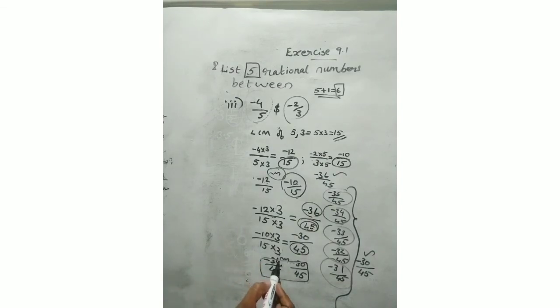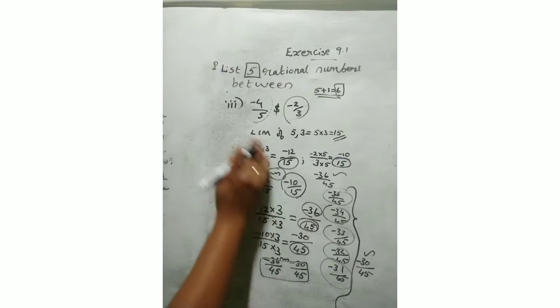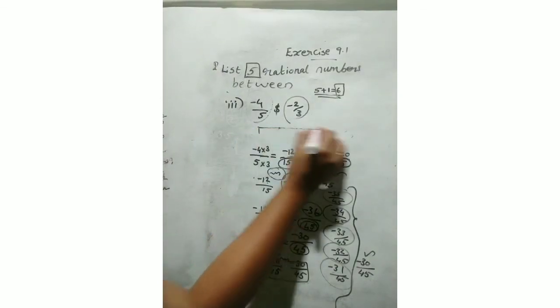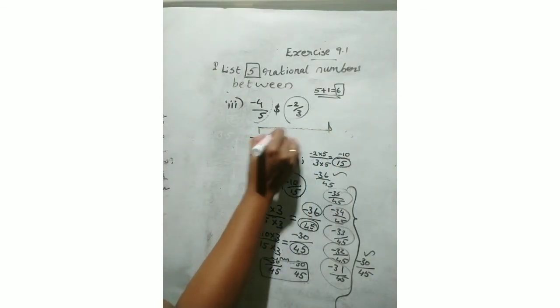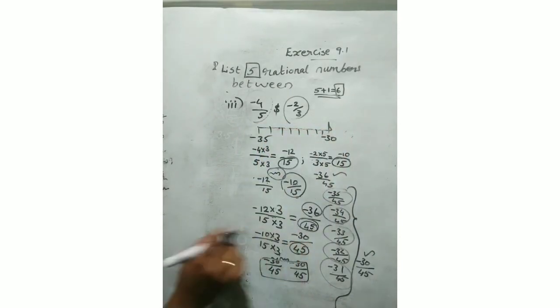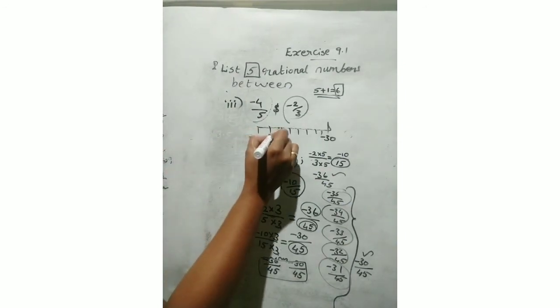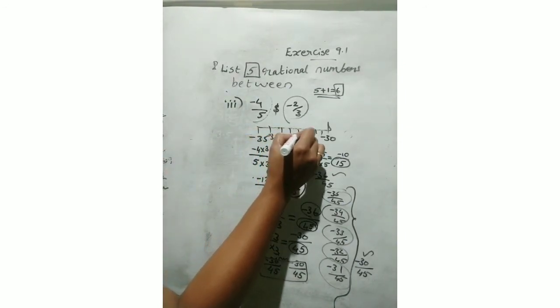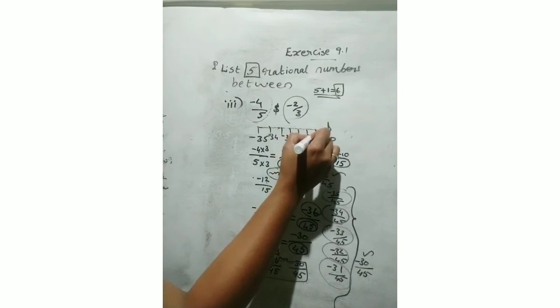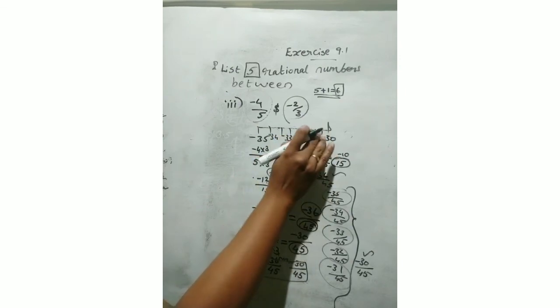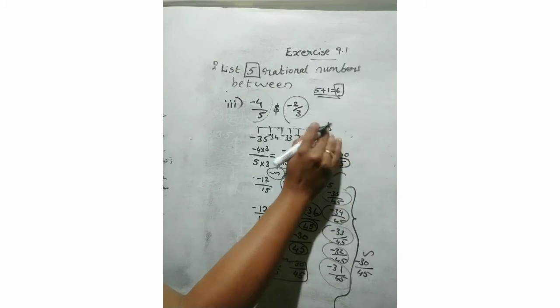Here negative 36 and negative 30. Between here many will be there now according to this way. So now we got negative 34, negative 33, negative 32, negative 31, then negative 30. Clear?